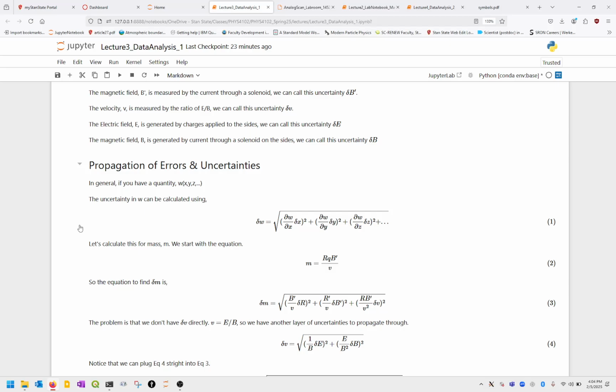In general, if you look in that textbook, it'll tell you that if you want to figure out the uncertainty of some random variable W, and this W depends on X, Y, Z, K, L, a bunch of variables, you take a big giant square root, take the partial derivative of that function with respect to X, multiply by the uncertainty in X, and square it. You do the same thing with Y, the same with Z, K, L, M, all the other letters.